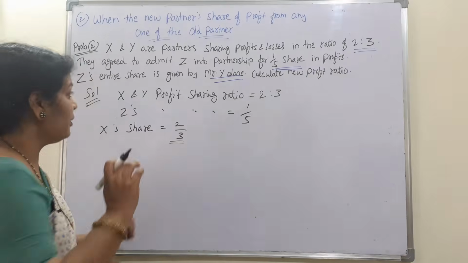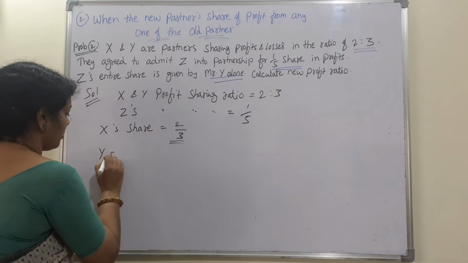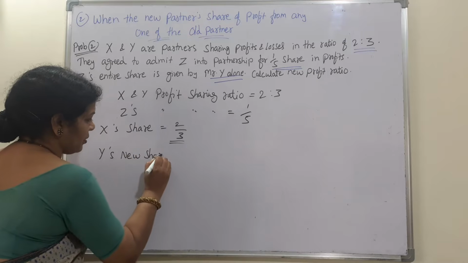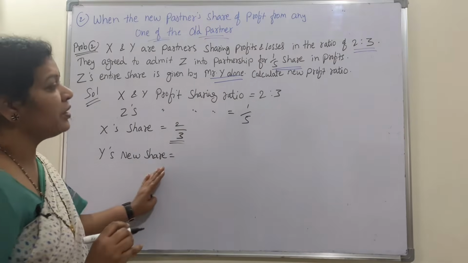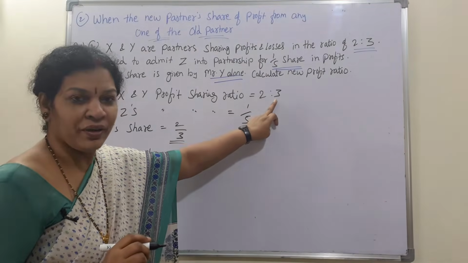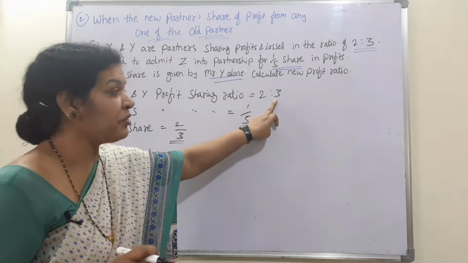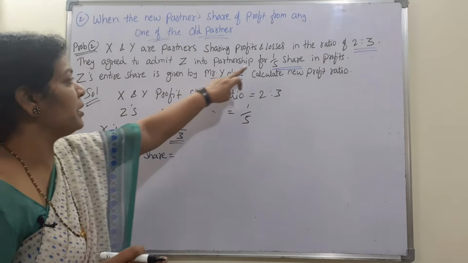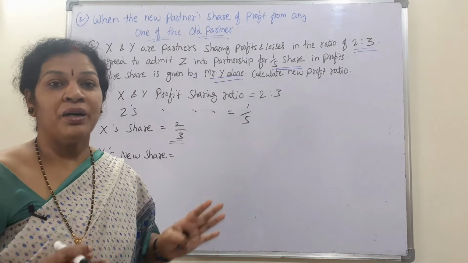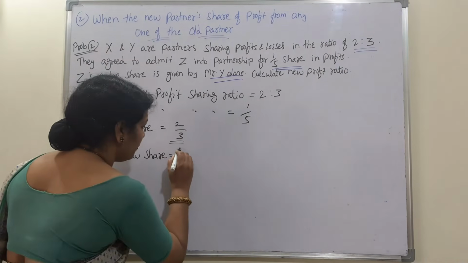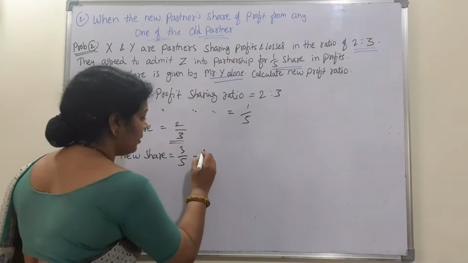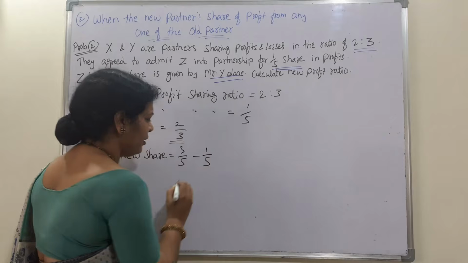Now we need to calculate Y's new share. His actual profit ratio is 3/5, right? Out of 3/5 he wants to give 1/5, so 3/5 minus 1/5.